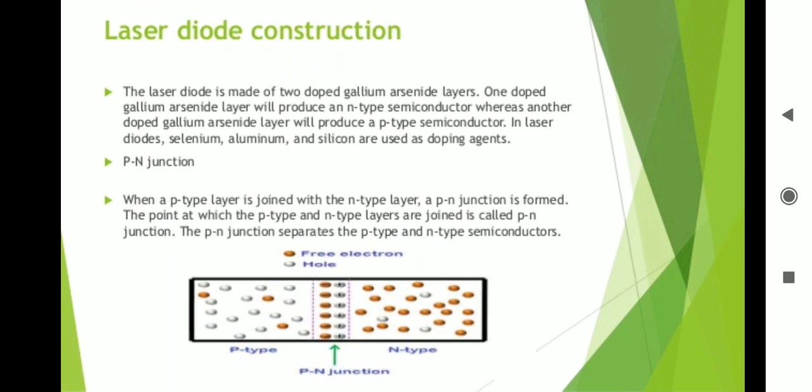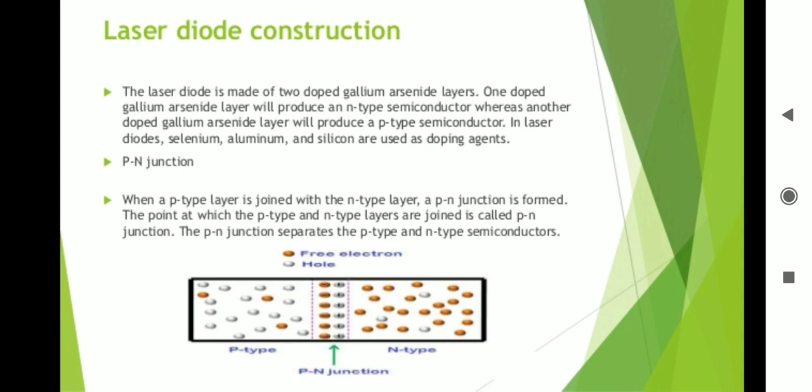When a large forward bias is applied to such an arrangement, heavy current flows through the junction, due to which electrons will gain more energy when compared to holes.